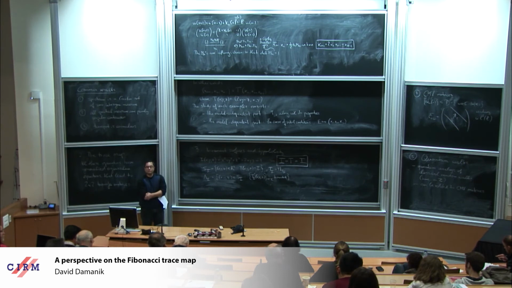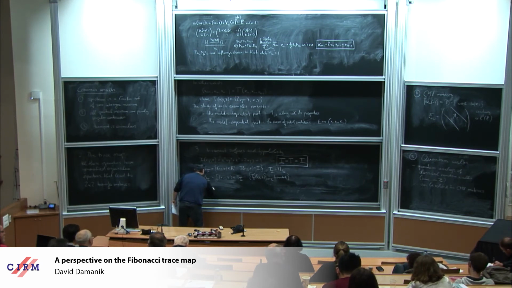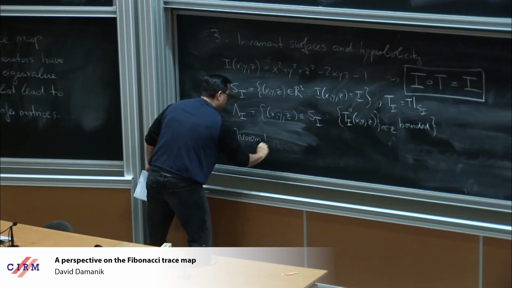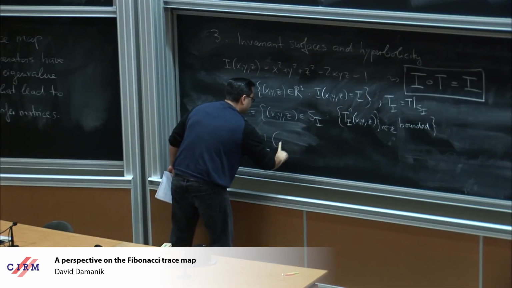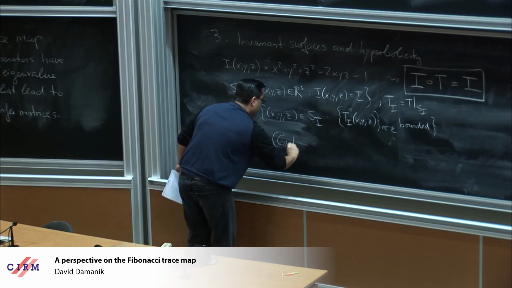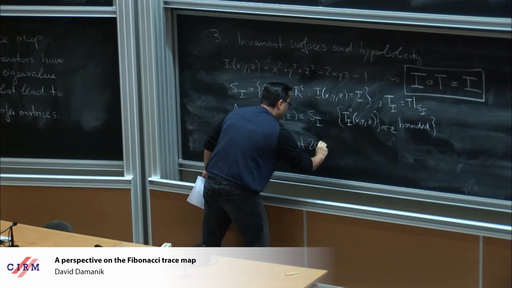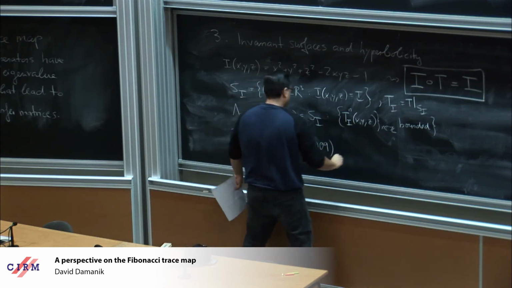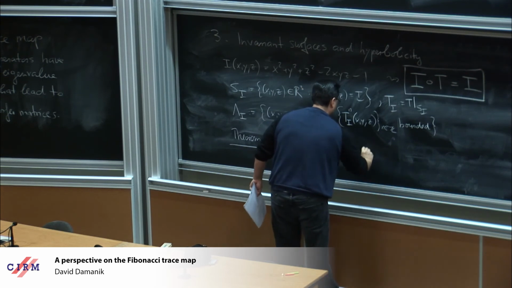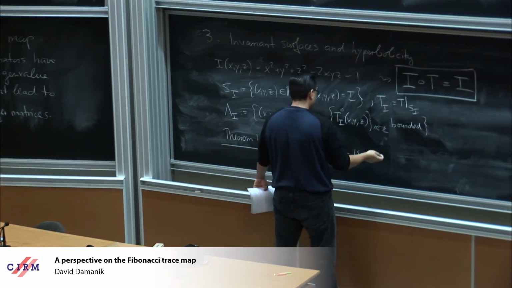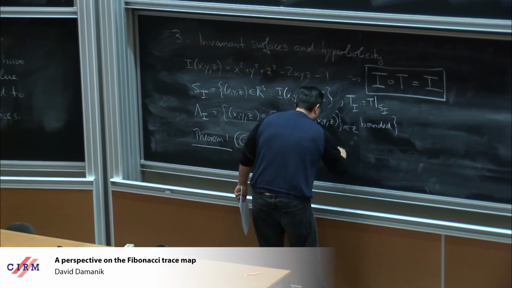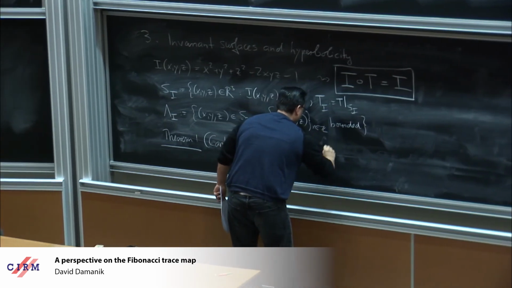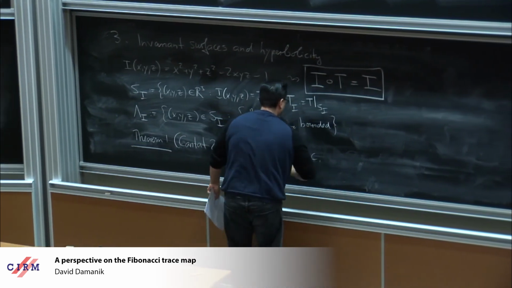And this is the first theorem I will actually state explicitly. Theorem 1. This was proved by Serge Cantat in 2009. Lambda I is hyperbolic. There are more statements, but that's really the main thing.